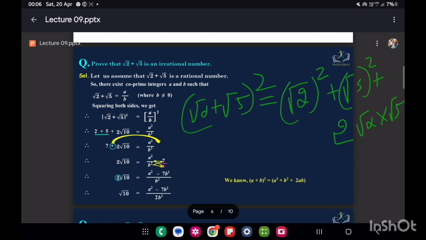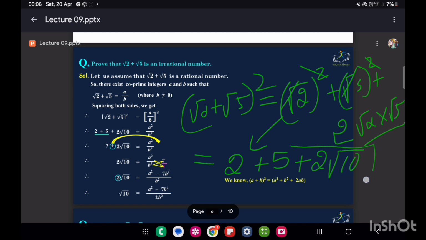Root 2 whole square, the square and root will get cancelled, so 2, and here also the root and square get cancelled, so 5 remains, plus 2 into root 2 into root 5, which we can multiply to get root 10, since 5 twos are 10. So we will get this answer, which they have already written here.